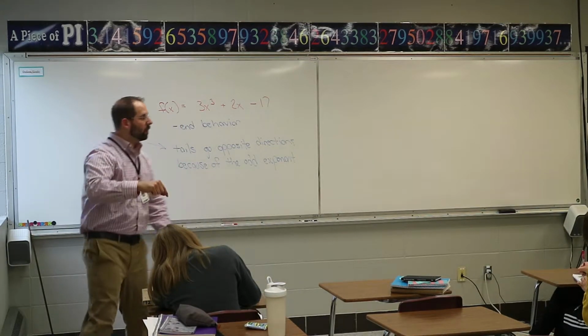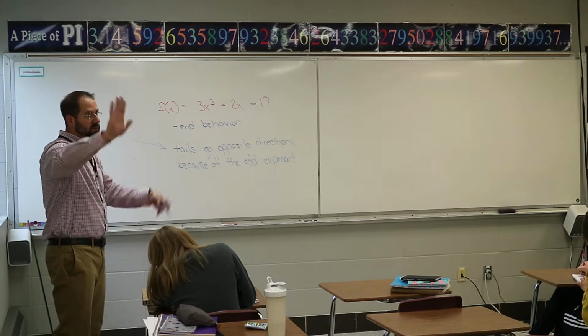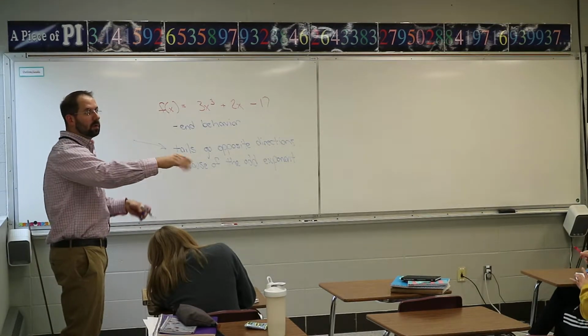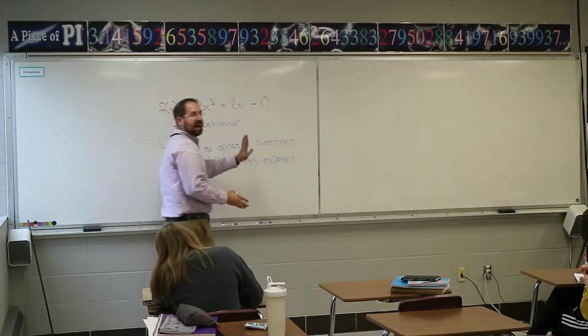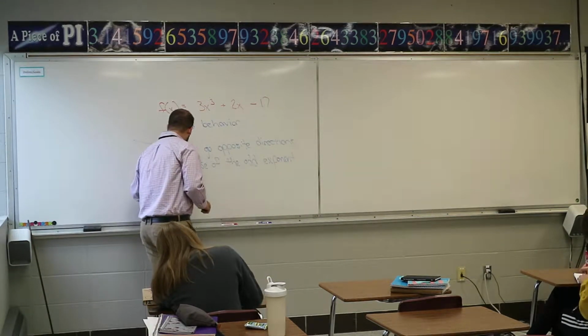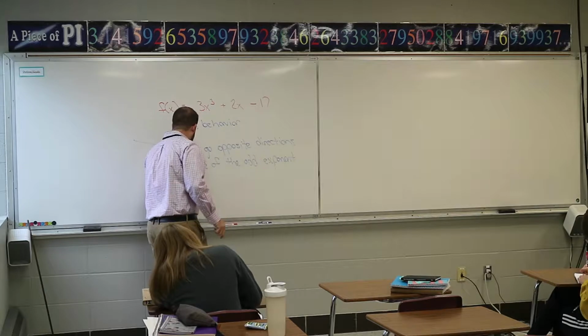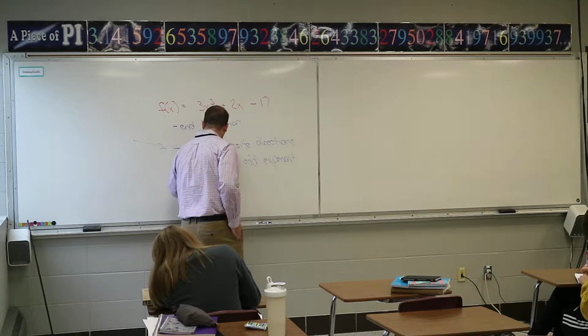Which way are they going to go though? Because you're saying they go in opposite directions. The bottom one is the left tail. It's negative infinity. So the left tail goes towards negative infinity, nice word usage.